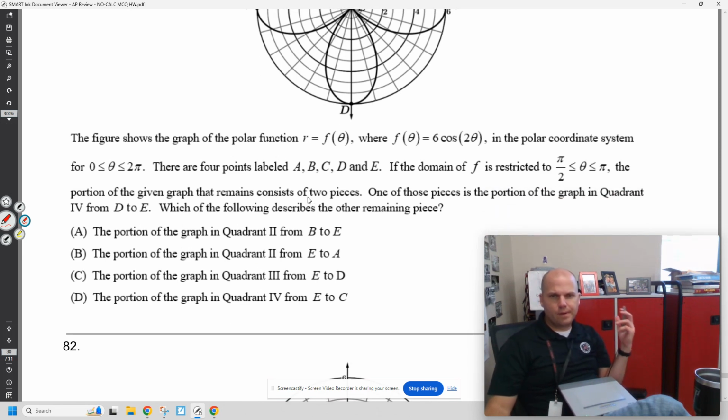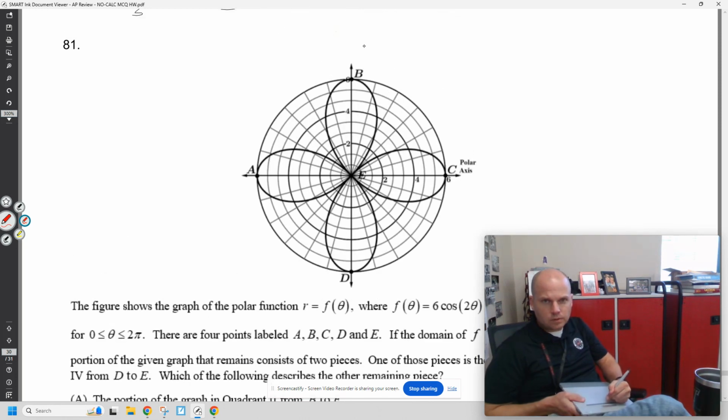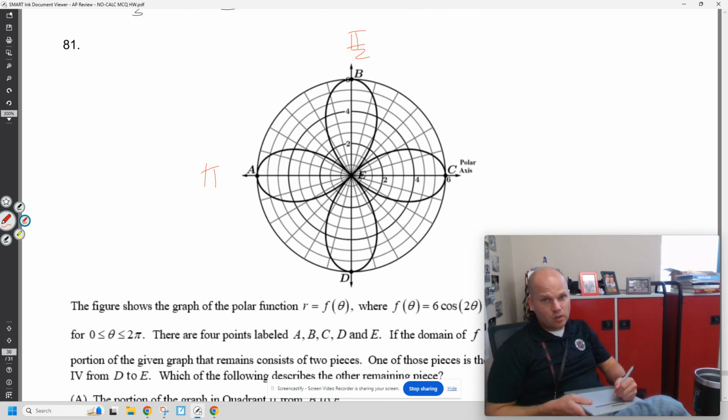Portion of the graph from pi over 2 to pi is in quadrant 4 from D to E. So this is like, I already know what the answer is. If we're going from pi over 2 to pi, and we're starting for a portion of the graph d to e, I can kind of tell that d to e exists opposite of the angles pi over 2 to 3 pi over 4.